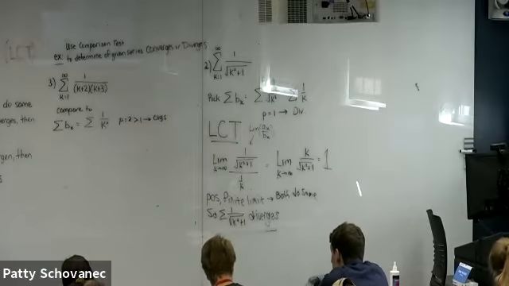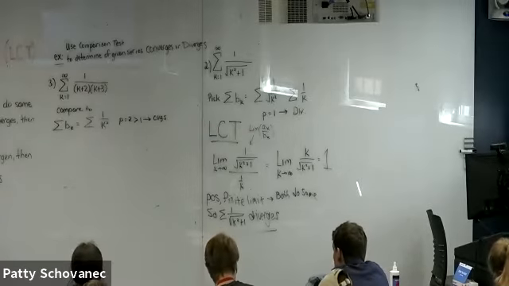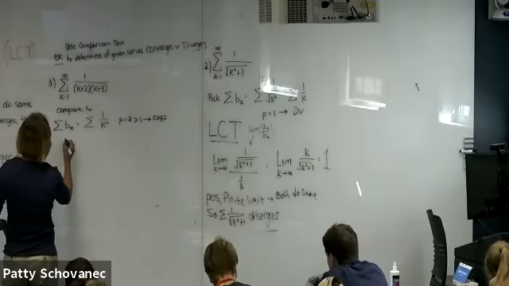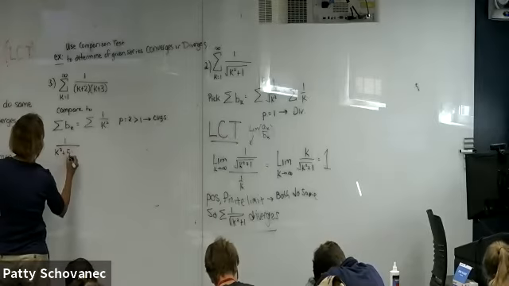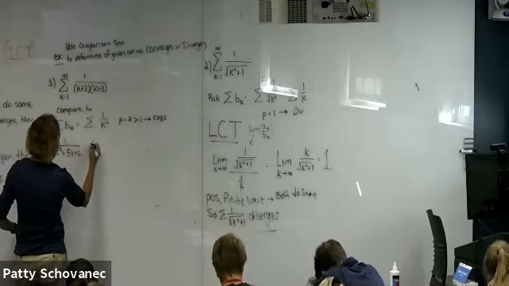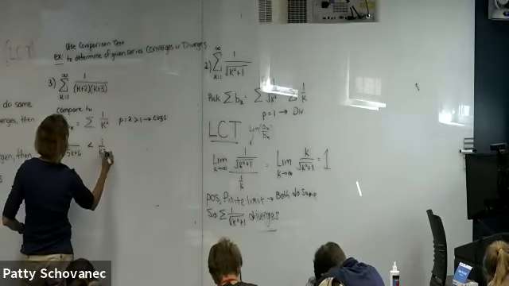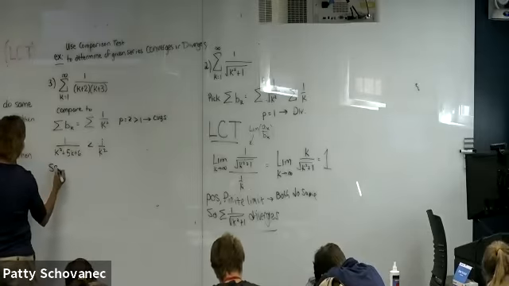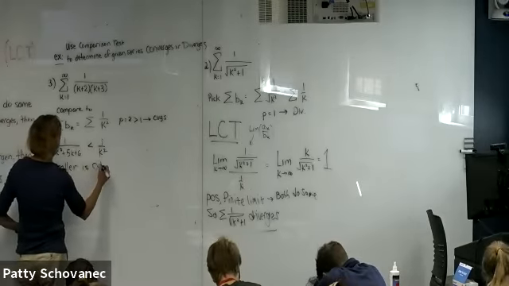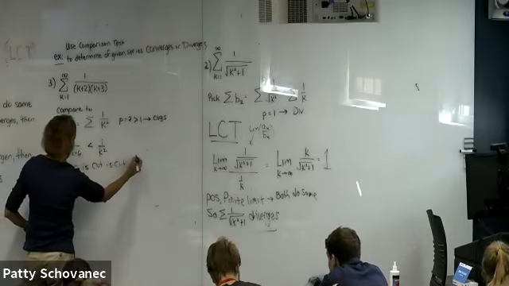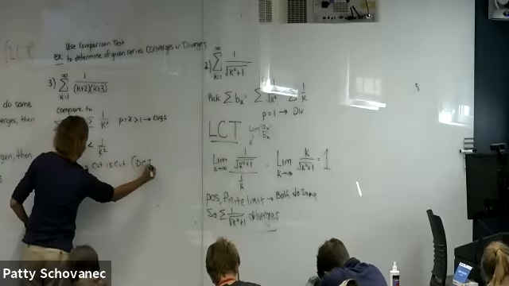Yes, the given series has more in the denominator with the same numerator, so it is smaller. 1 over k squared plus 5k plus 6 is smaller than 1 over k squared. And so our conclusion is smaller than convergent is convergent, by our direct comparison test.